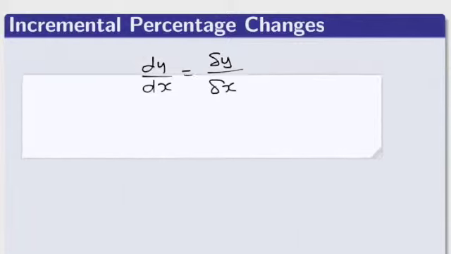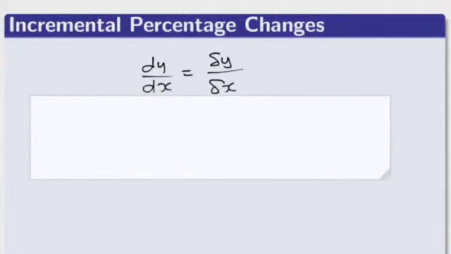Here we consider incremental percentage changes. Now previously we've seen that given dy dx and given delta x, we've seen how to compute delta y. Now here we are interested in finding out the ratio of delta y to y if we are given the ratio of delta x to x.